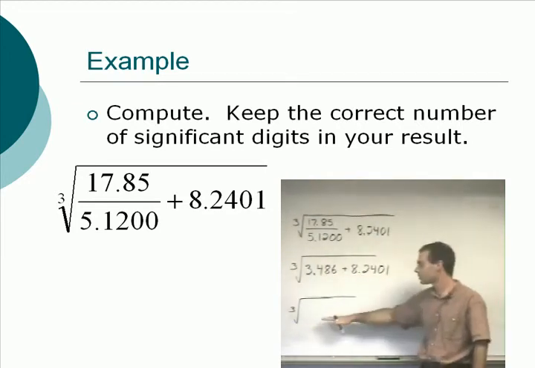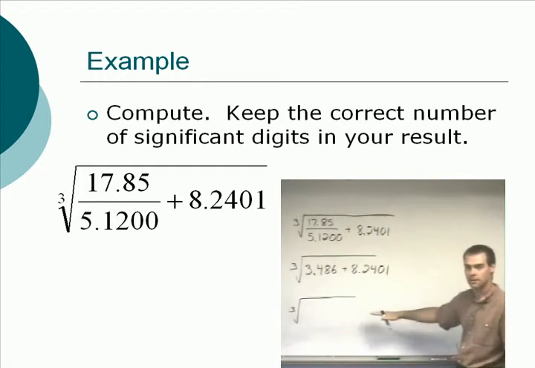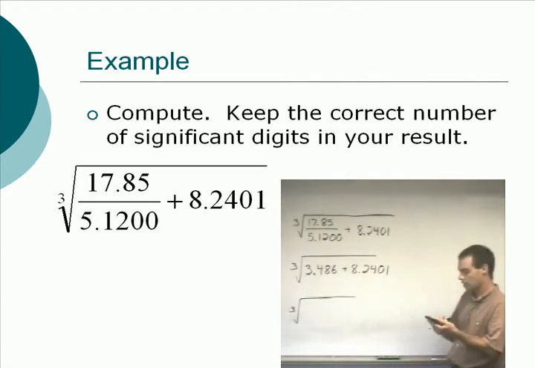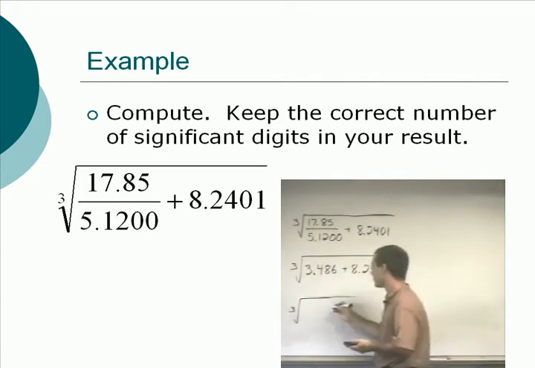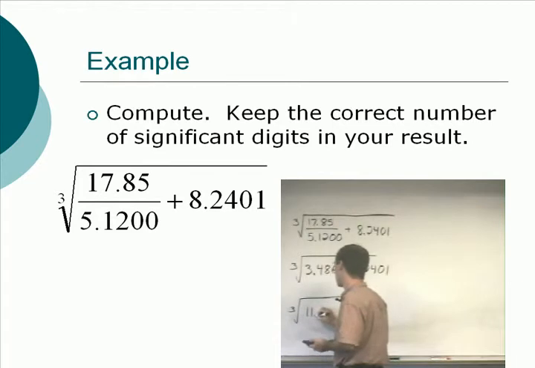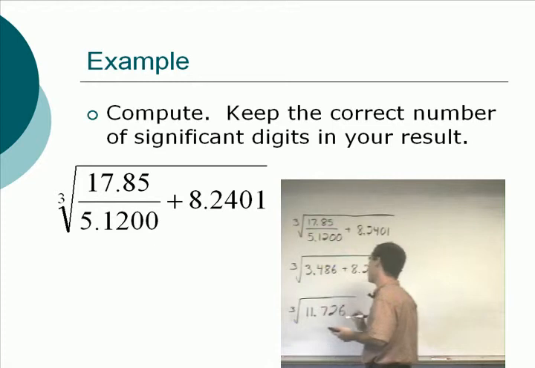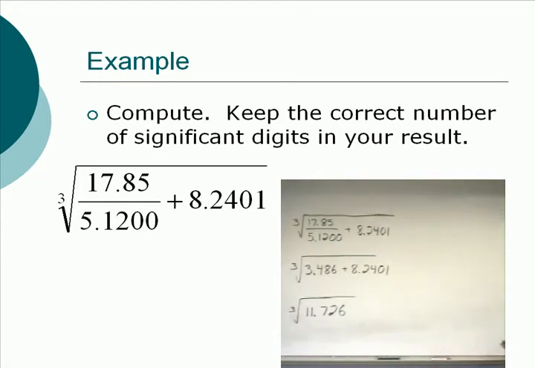Our sum can only be precise to the nearest thousandth. 3 decimals, 4 decimals, we can only keep 3 decimals. And if we do that, we get 11.726.